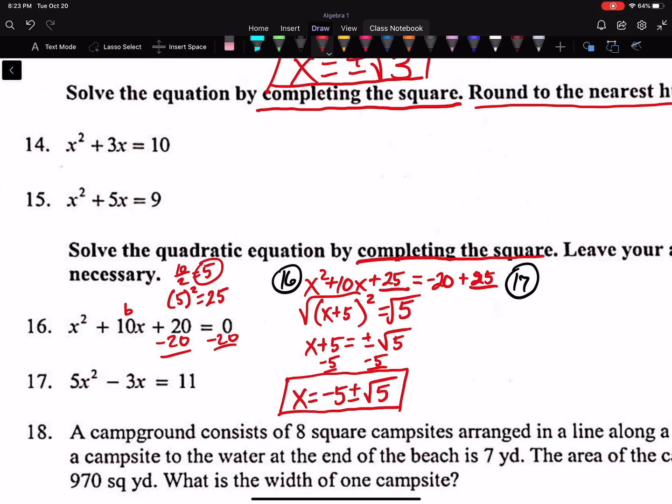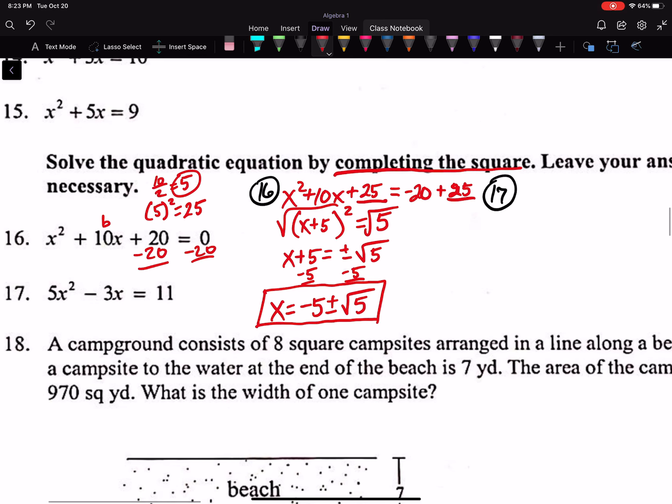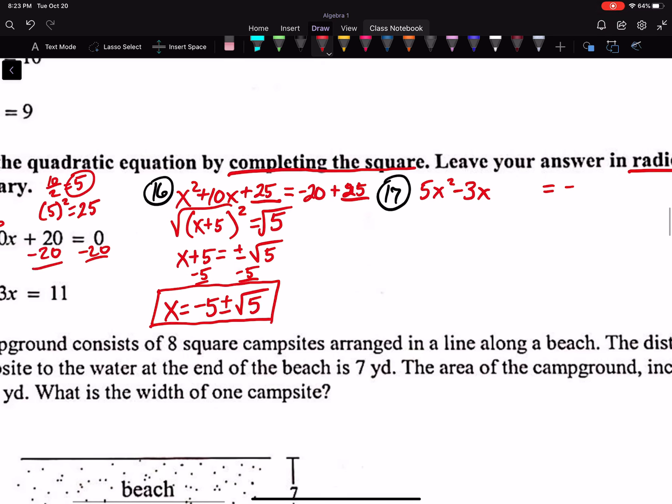17. Ugh, 17 is the ugliest problem on the test. Sorry, I would not choose to do this when completing the square, but it tells me that I'm supposed to. So 5x squared minus 3x, I'm going to leave my space, equals positive 11.